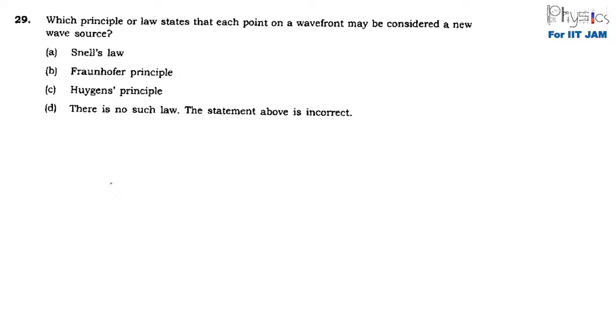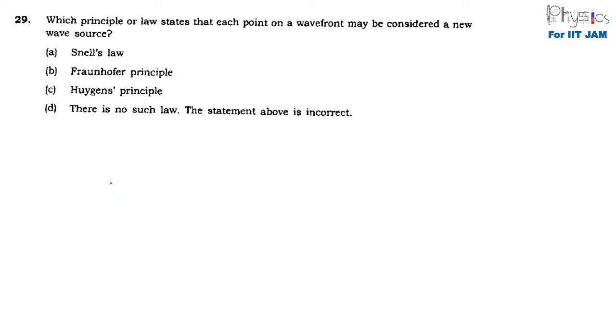Option A, Snell's law. Option B, Fraunhofer's principle. Option C, Huygens principle. Option D, there is no such law. The statement above is incorrect. So please tell me which is our correct answer.